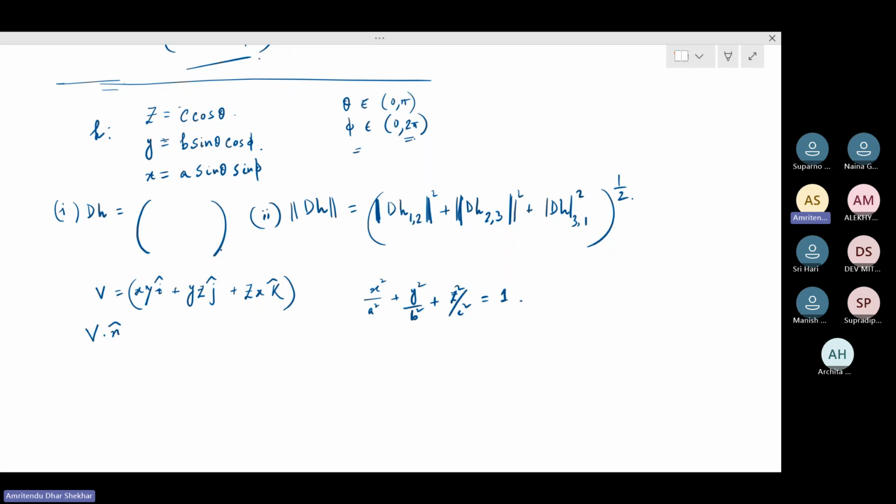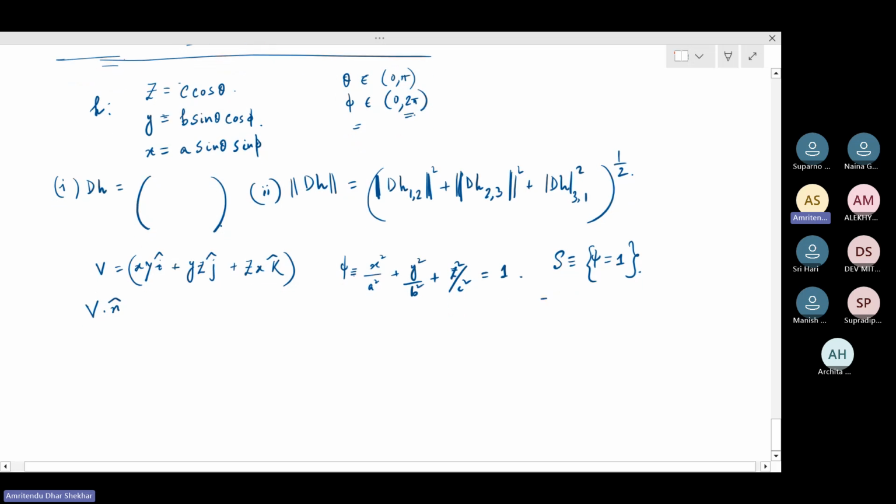Because the surface is represented as a level set of this function, if you call this function psi, my surface S is psi equal to 1, so the normal is given by the grad of psi, which is 2 times x by a squared, y by b squared, and z by c squared.